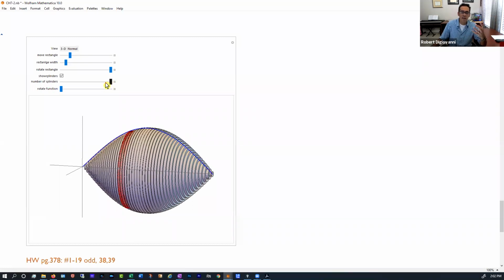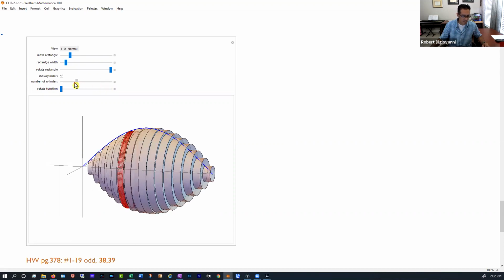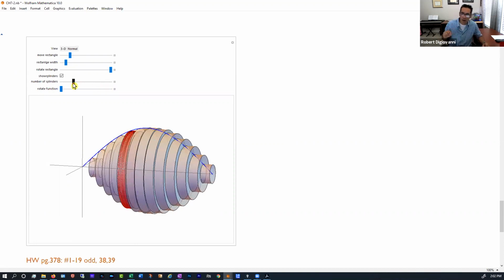It's exactly the same thing we did when we were doing Riemann sums. We did rectangles, then we made them smaller and smaller until we got the area underneath. Here, we're creating a bunch of washers, finding a formula for each one, and then letting the number of them go to infinity.